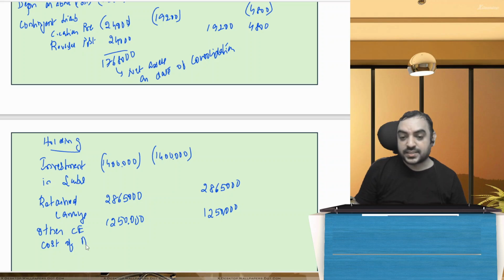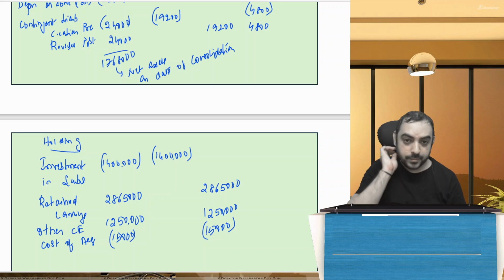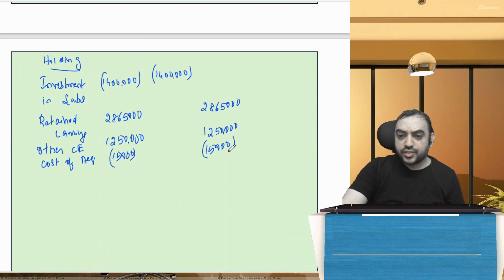First adjustment we discussed, 15,000 negative, that I will subtract entirely in con PL. So this cost of acquisition 15,000 goes to P&L.